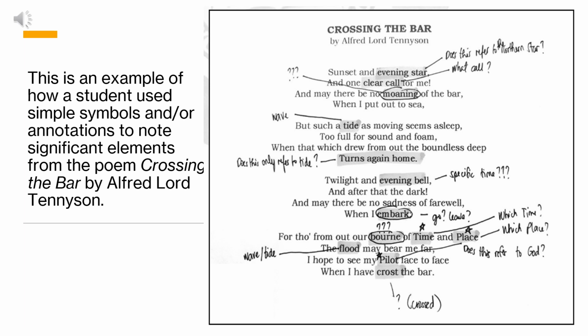Then the spelling of the word cross. There's uncertainty there dealing with the spelling, that's why you have a question mark then cross like that. Okay, so of course, when I have crossed the bar, past participle there. So which time, which place. So that's a good example of an annotation dealing with a poem.